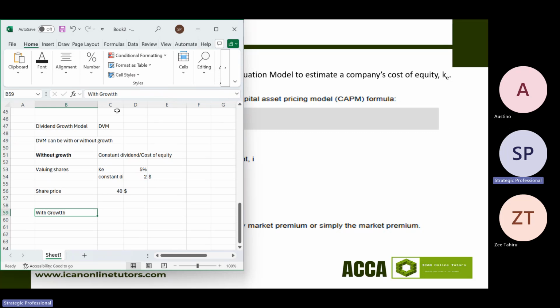If it's with growth, if we remember the formula, the formula is DO, brackets 1 plus G, divided by KE minus G. Do you still remember this?